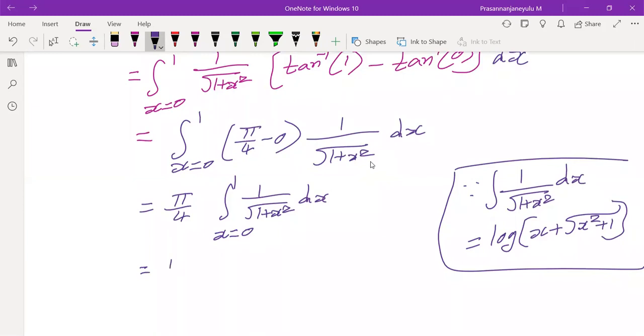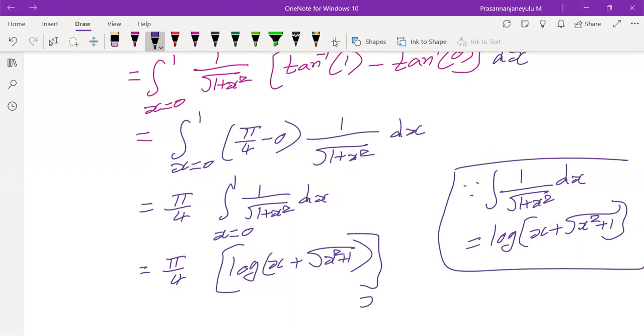So using this formula, what are we going to get? Pi by 4 into, the integration of 1 by root of 1 plus x square into dx, which is log of x plus root of x square plus 1, with limits x varying from 0 to 1. First apply the upper limit.